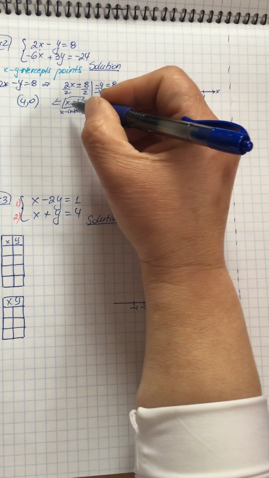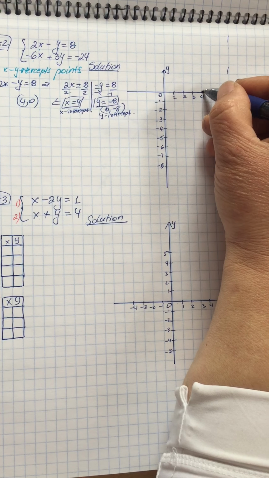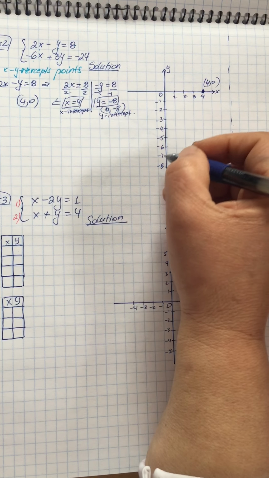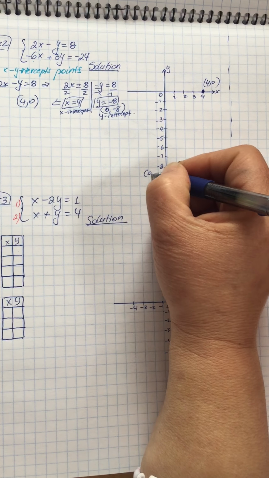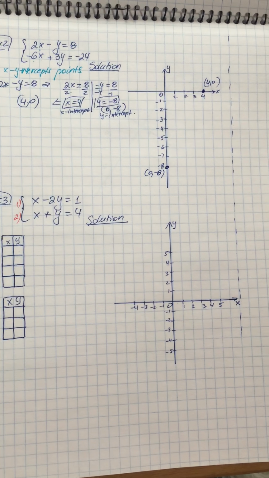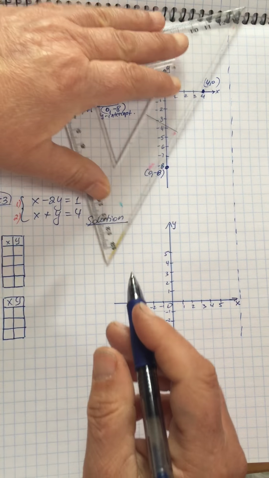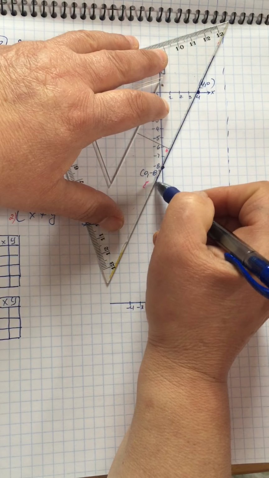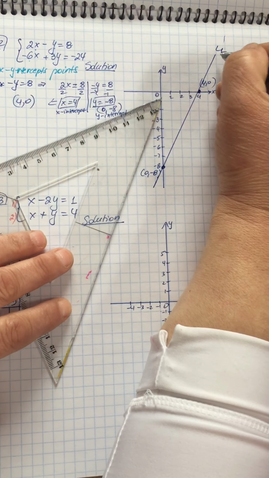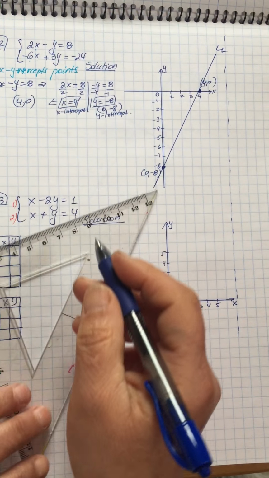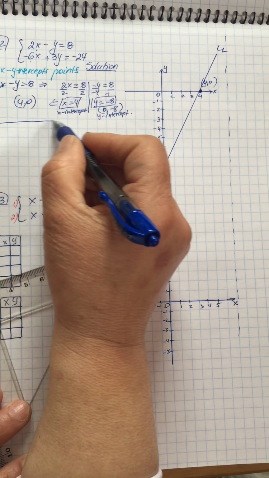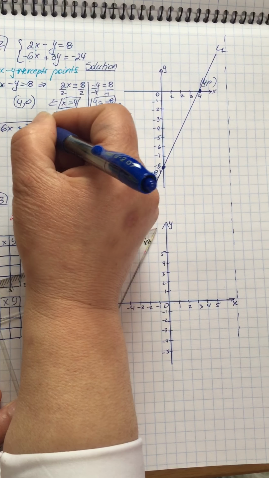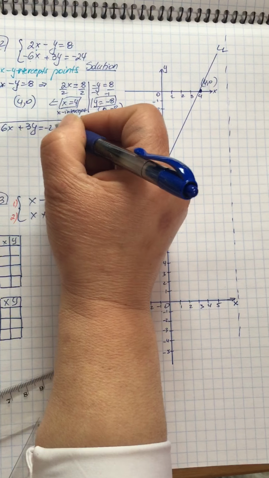Plotting these 2 points, I have 4, 0, and I have 0, negative 8. Connecting the 2 points, I don't need another point. Let's name this L1 because this is represented by the first equation. Let's rewrite the second equation, 6x plus 3y equals negative 24.